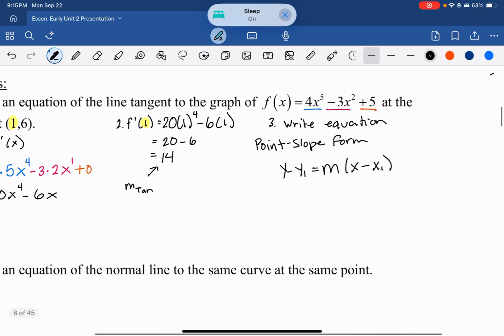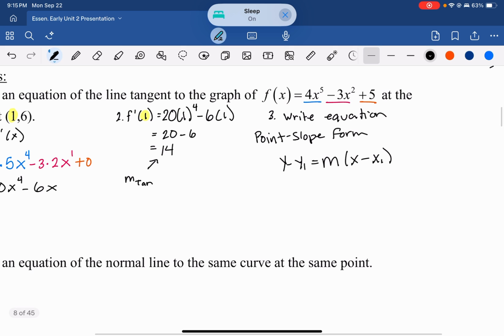Unless it says to write it in slope-intercept form, we want to keep it in point-slope form, because then we're just plugging values into this. We're not trying to rearrange it.